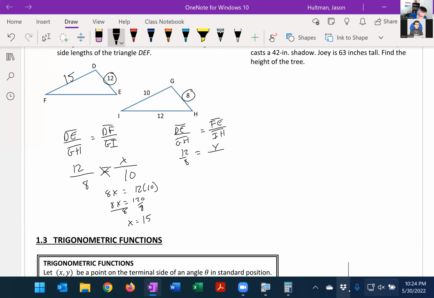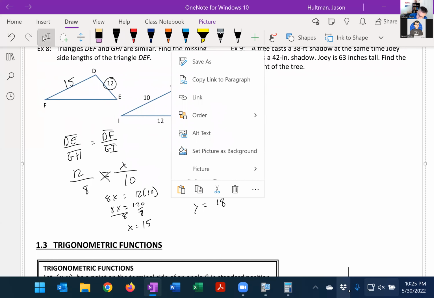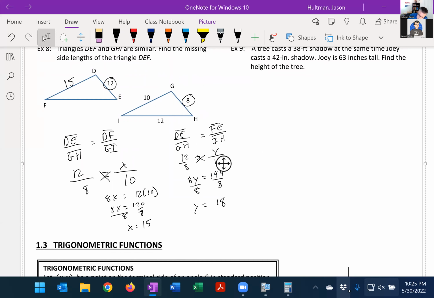And then IH is 12. So this time I'm going to cross multiply, and I get 8y is equal to 144, divided by 8, and y is equal to 18. So X was DF, and in this case Y was FE, so DF was equal to 15, and FE is equal to 18. So we have that 18 there.